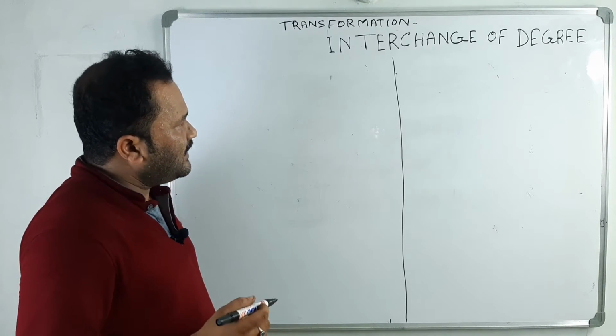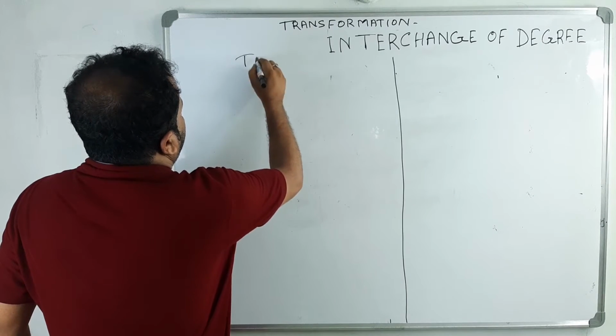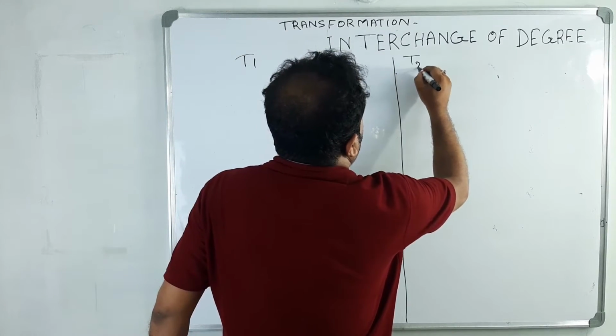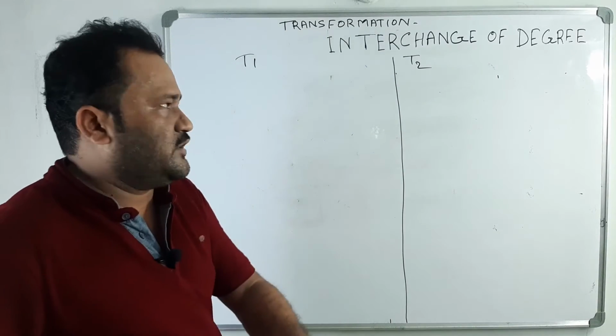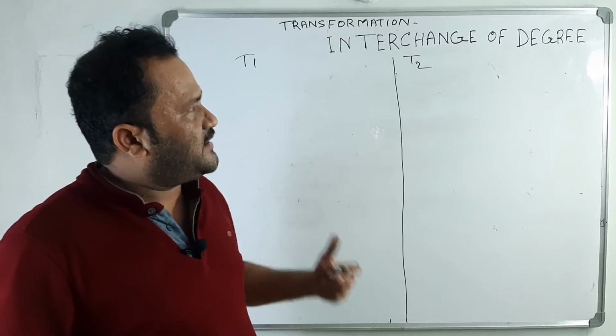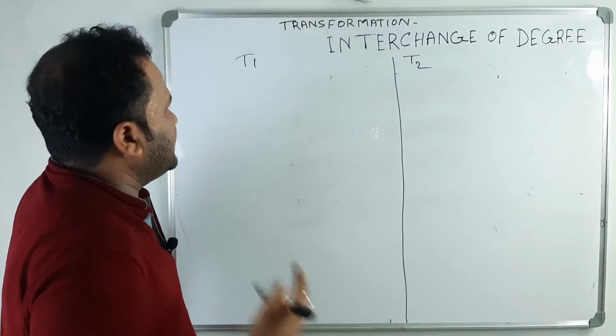Okay, what are those two types? Type 1, type 2, and I am going to show you side by side, so that you can understand it better, how to transform these degrees.